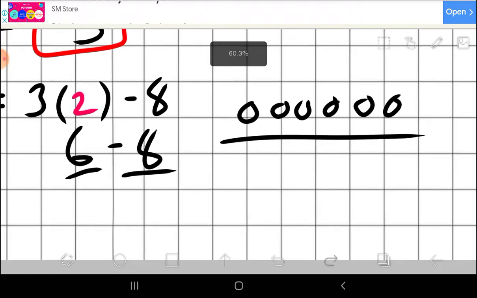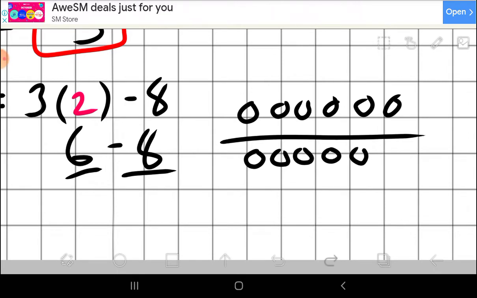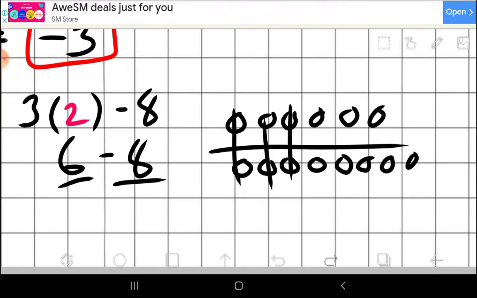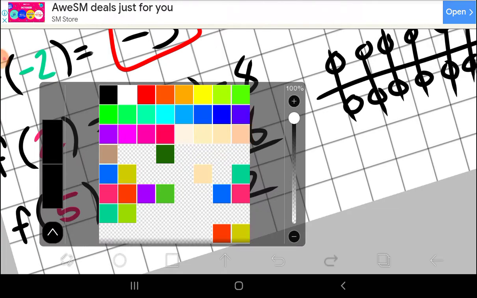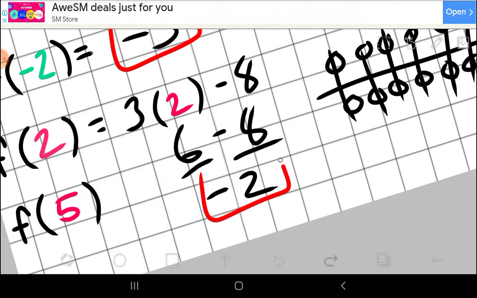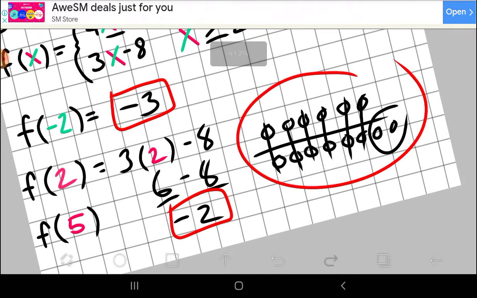And then let's divide it to 8. 1, 2, 3, 4, 5, 6, 7, 8. So cancel out. This is how combination works. So there is negative 2. So the answer is negative 2. If you don't know how to combine number, this is how combination works.